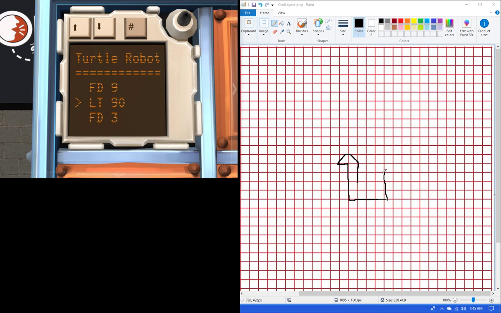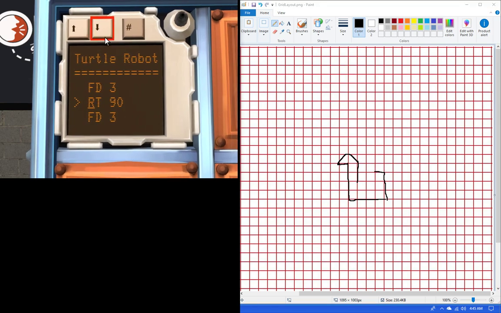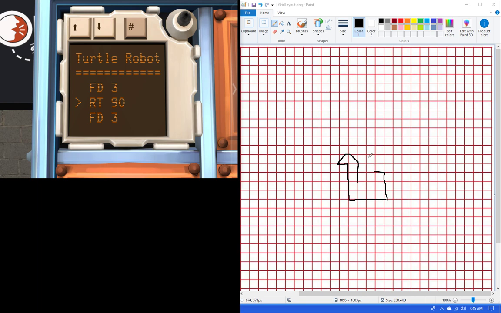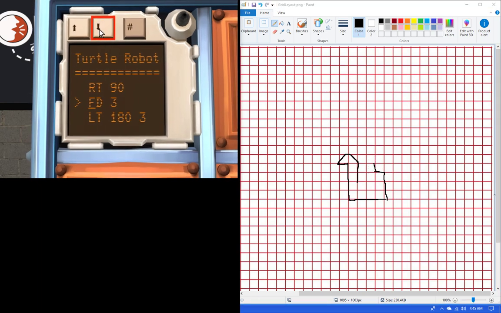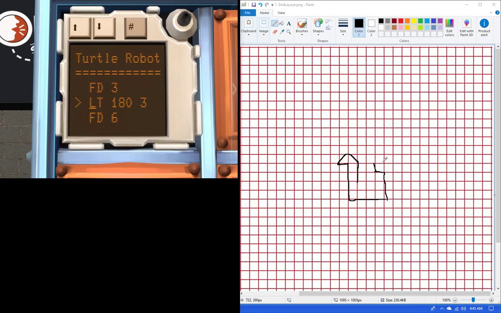So we're going to rotate LT 90, so we're facing this way, so going counterclockwise. We're going to go forward 1. Then rotate 90 degrees, so we're facing this way, and then forward 1. Then we're going to do LT 180 for 1.